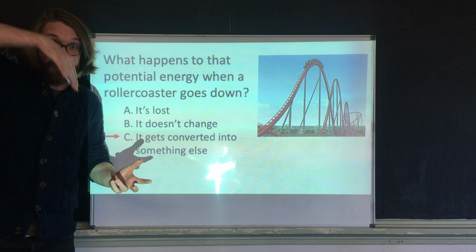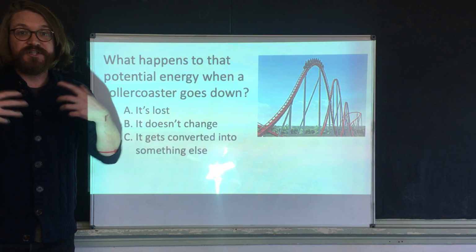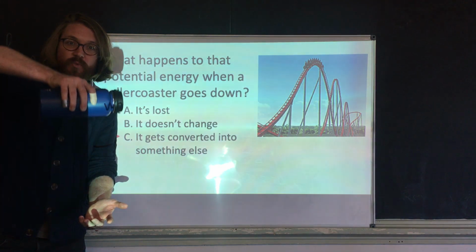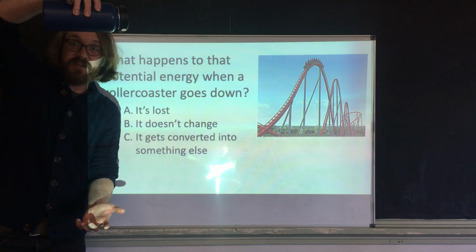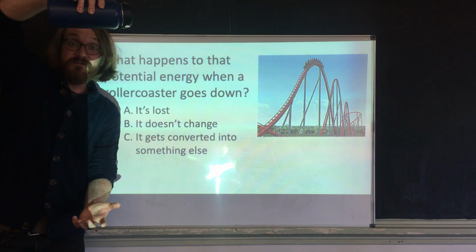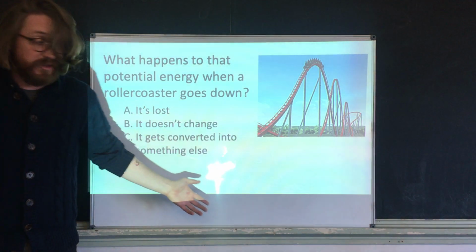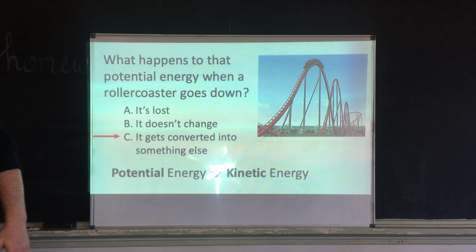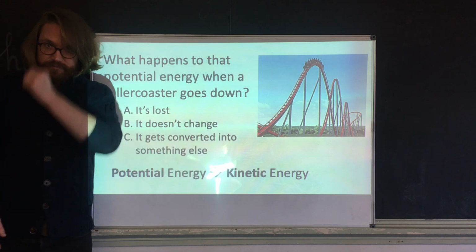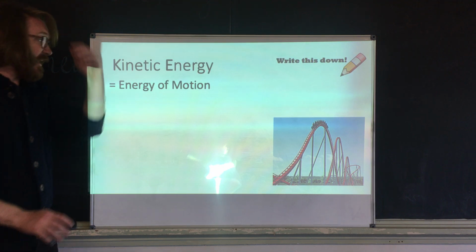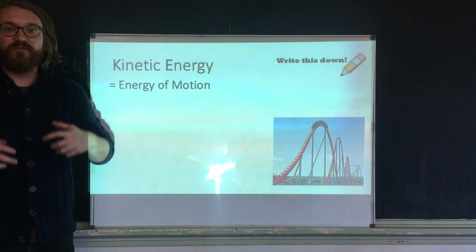As the roller coaster goes down the hill, its energy is converted. The same way as we pick up this water bottle, we store that energy, and then we can convert it when we let it go, or when the roller coaster goes down the hill. And we convert it into kinetic energy. So here we see that kinetic energy is the energy of motion.